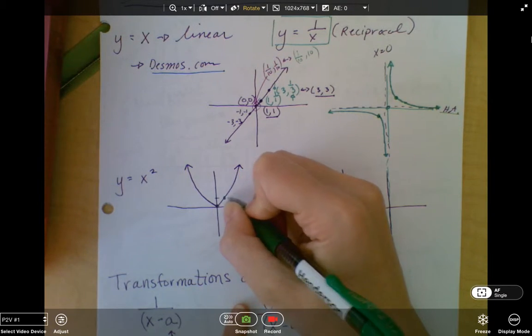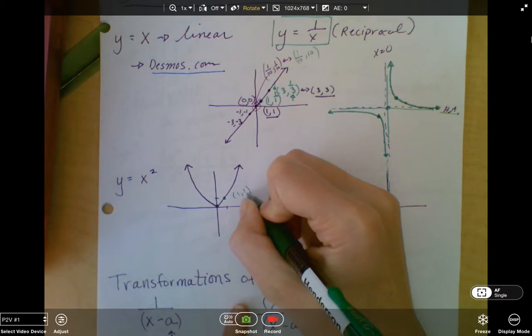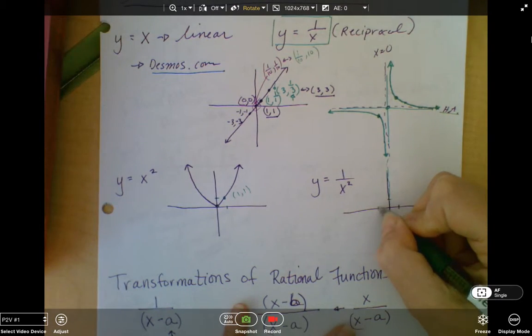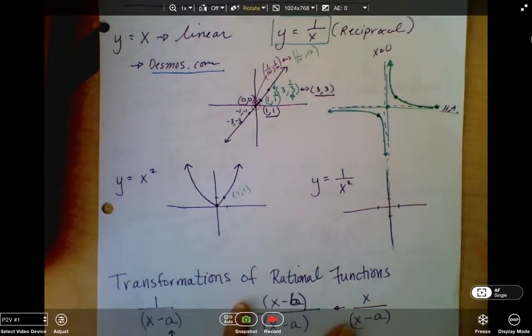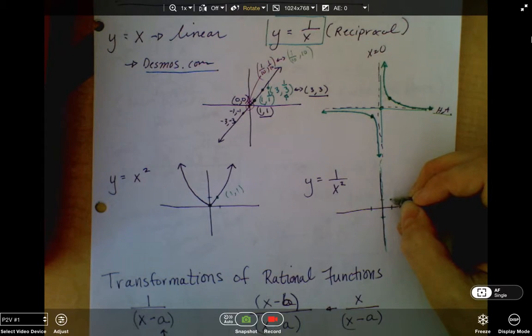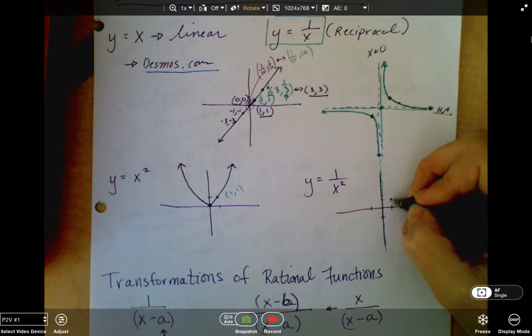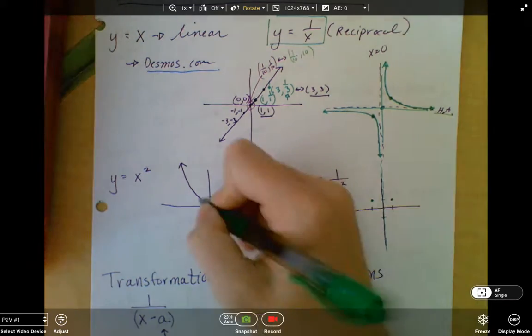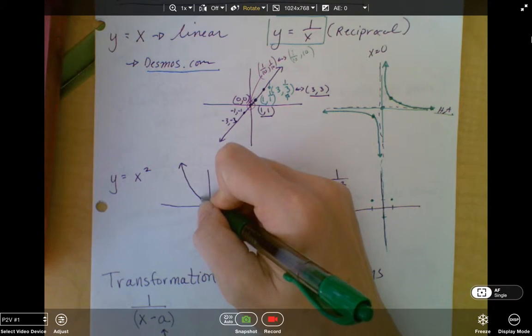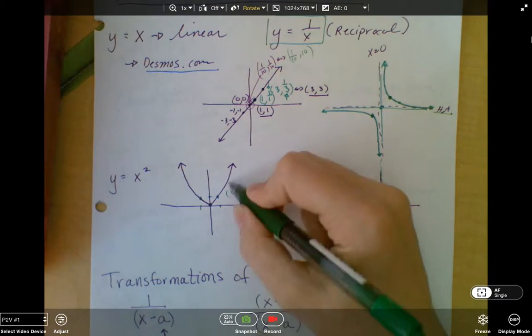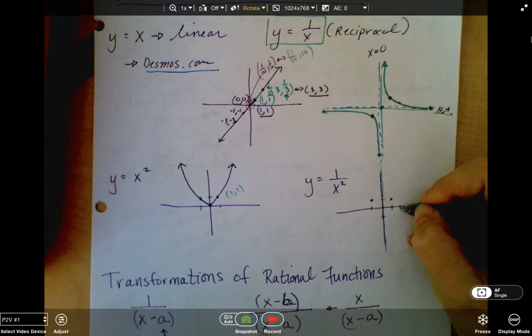Well, the reciprocal of 1 is just 1, so you'll always tend to see, so long as 1, 1 exists on the original function, that these two functions will meet if I were to overlay them at 1, 1. Here's the other one. If I did 2, 4 here, I'm going to get 2, 1/4.